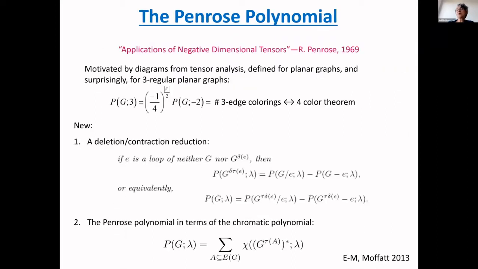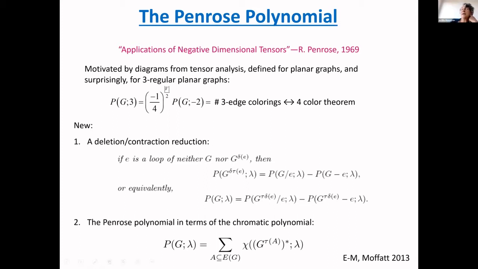Similar thing happens with a polynomial called the Penrose polynomial. This arose in physics, this beautiful paper, applications of negative dimensional tensors. If you've ever seen Tolkien's drawings, original illustrations for The Hobbit and The Lord of the Rings, that's all I can think of, is that they look like Tolkien's drawings. But they're actually little diagrams for dealing with negative dimensional tensors in physics.